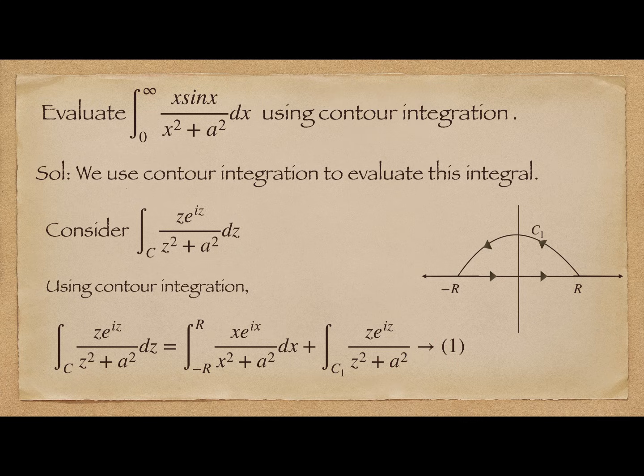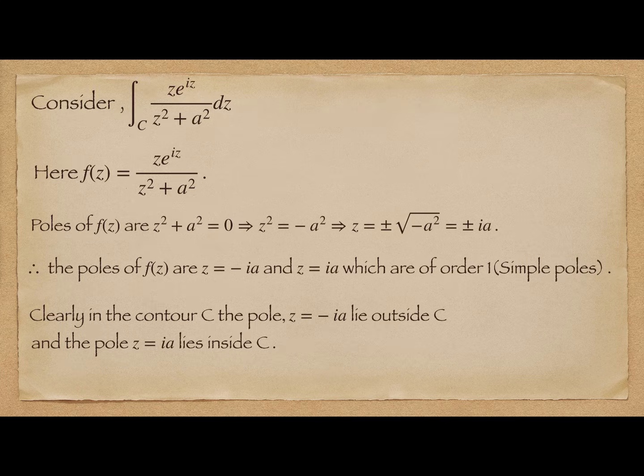Now we need to find this integral over C of z e power iz by z square plus a square dz, right? The integrand is f of z, that is z e power iz by z square plus a square. Now we need to find the poles of f of z. You equate the denominator to 0.